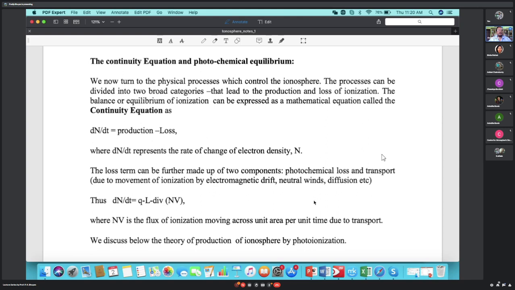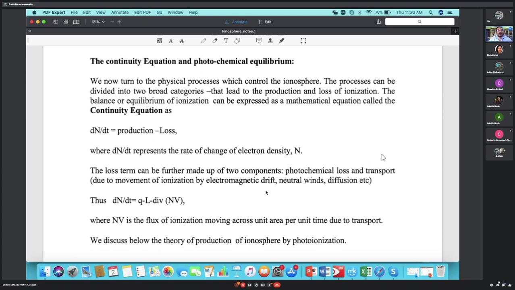Transport is a process which takes place continuously at any point of the ionosphere at any given time. You cannot have a transportless environment. You have a production mechanism, you have a photochemical loss mechanism, and similarly a transport mechanism.